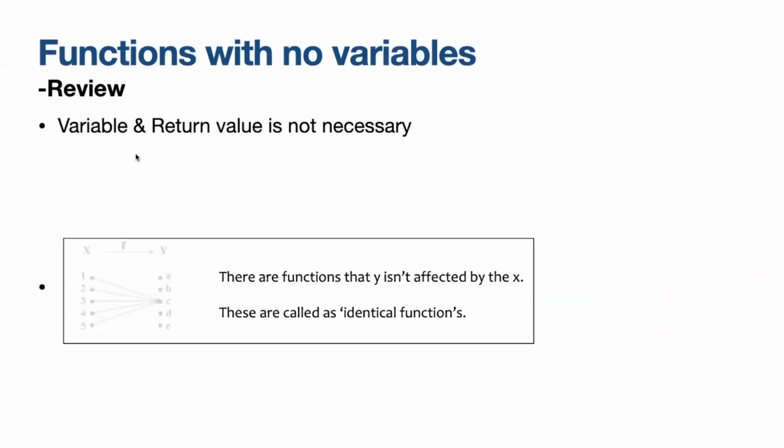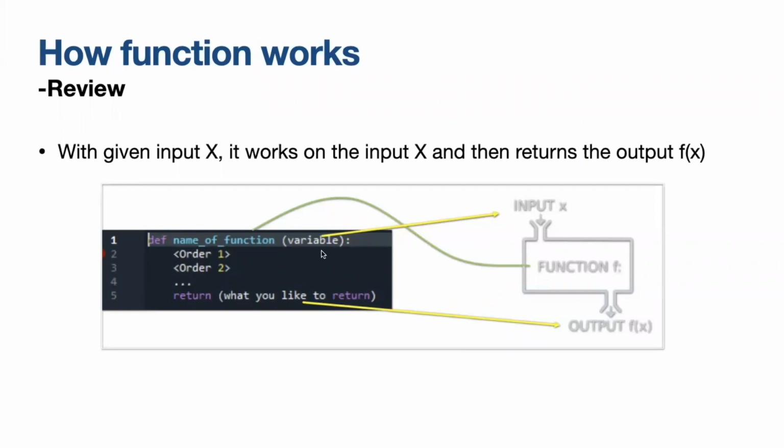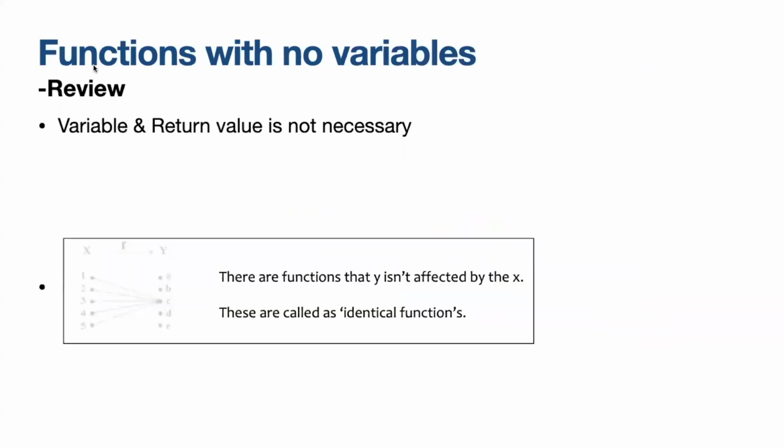So we are going to look at some functions with other kinds of structures. As I've said here, there might not be a return statement, and there might be no argument here. So for functions with no variable, no argument, it means that the argument and return value are not actually necessary.